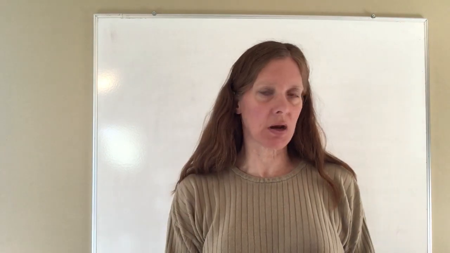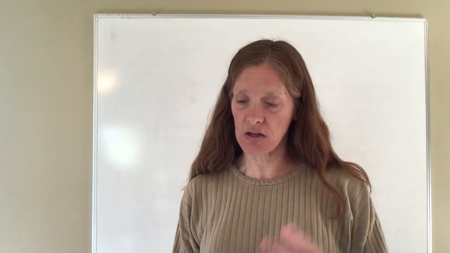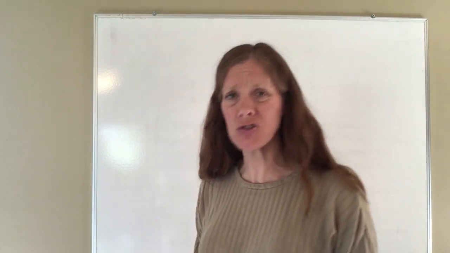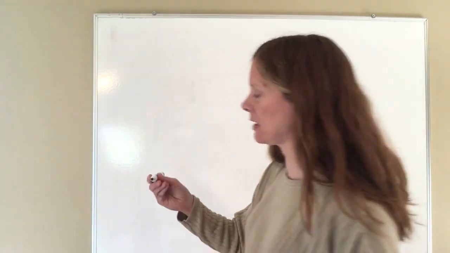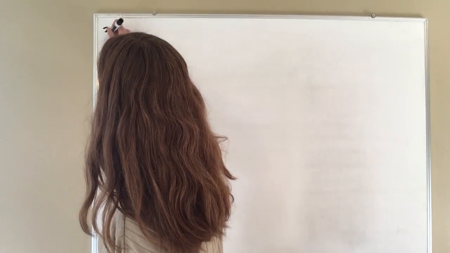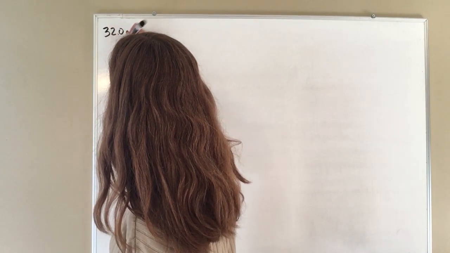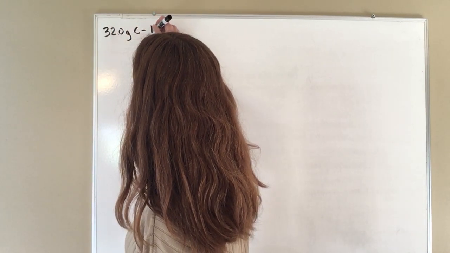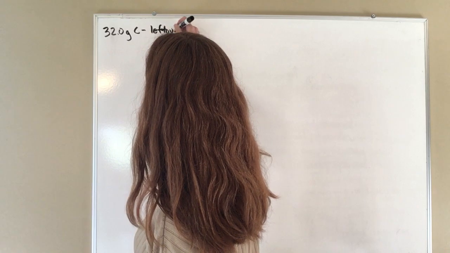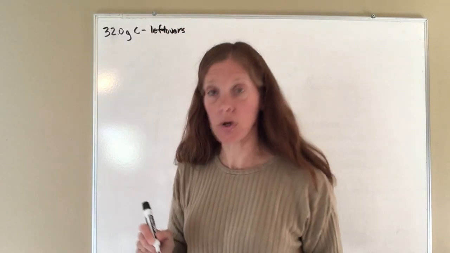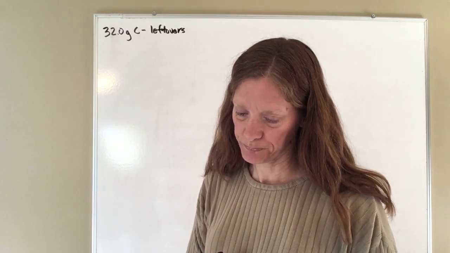So the first thing that I want to do is to list the information that I have so that I have it all laid out and I can see. When I start, I have 32 grams of carbon, and I know that there are some leftovers because it told me that there were.